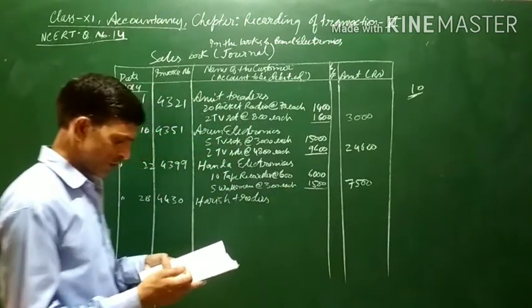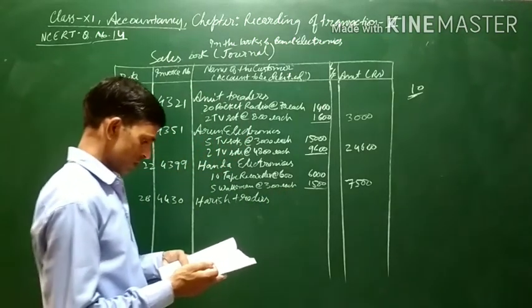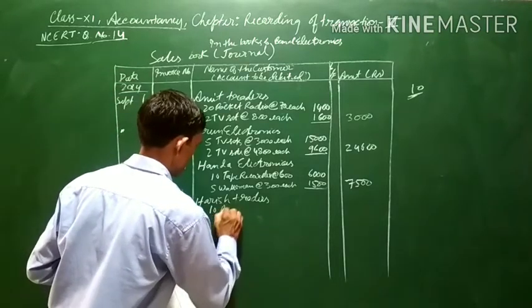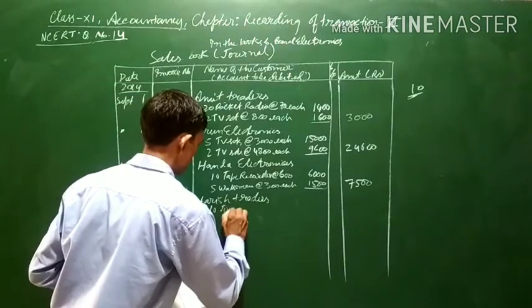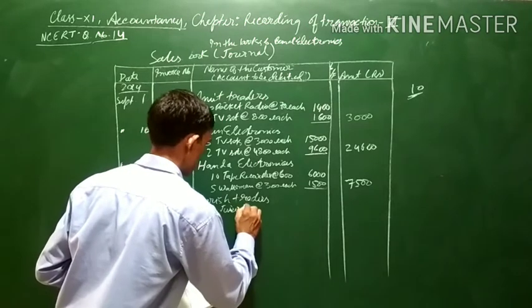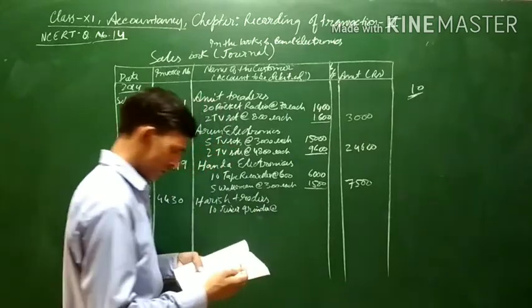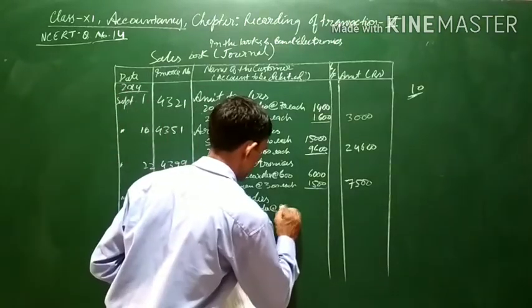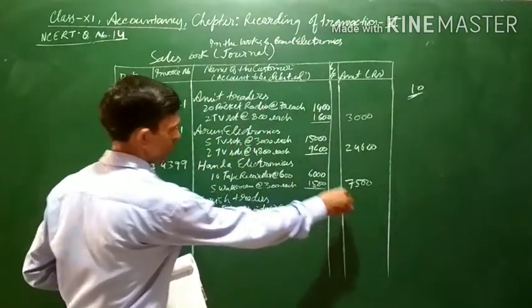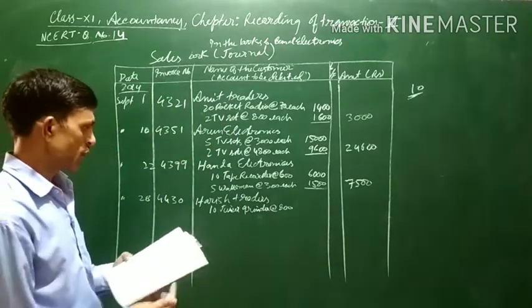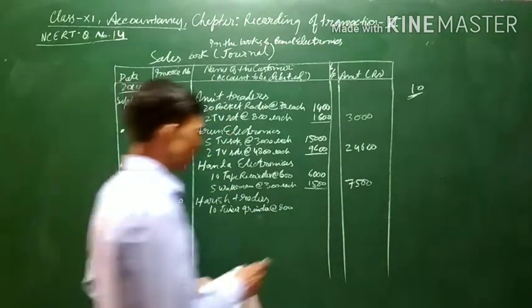Now what are the things being sold? 10 mixer juicer grinders at the rate of 800. Since only one thing is being sold, we can write it directly in the outer column. It will come to 8,000.